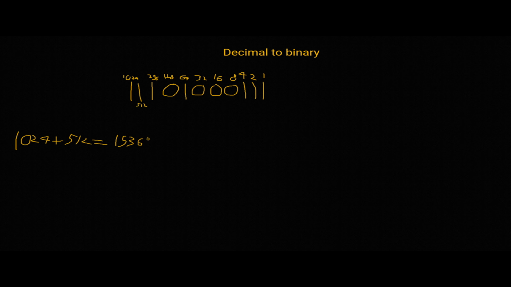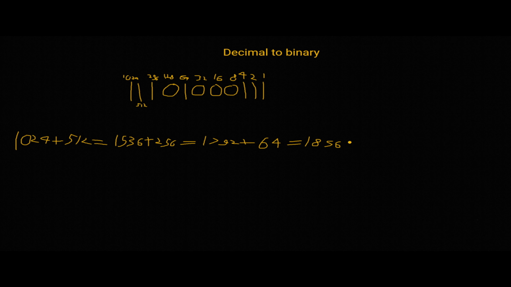With our next position, 256, which is 1792, plus our next position, which is 64, so plus 64, and we have 1856, right?